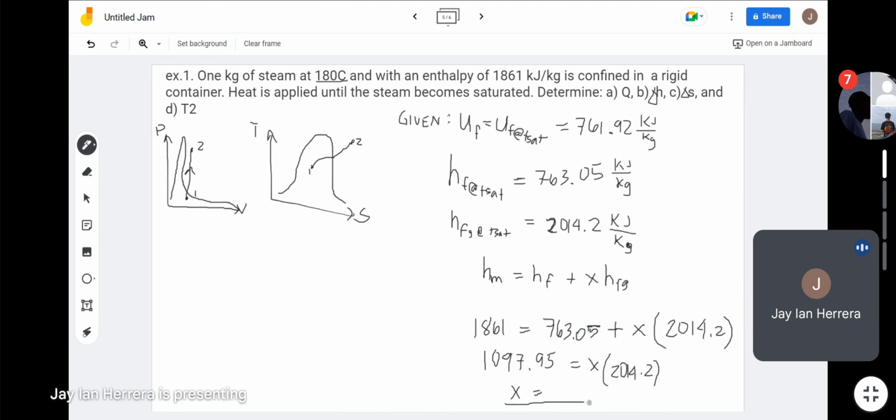So what is the quality of our moisture? It is 0.545.